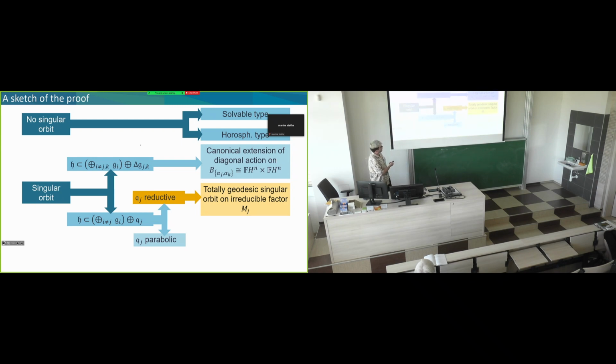And when it is parabolic, Berndt and Tamaru also proved that the action has to either come from a nilpotent construction or a canonical extension of a lower rank symmetric space.